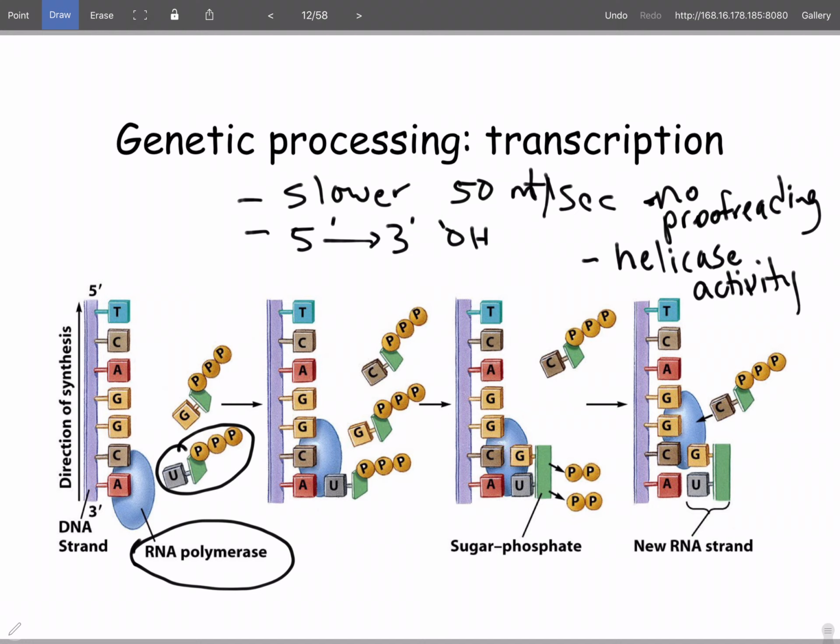So DNA polymerase requires a separate helicase to come in and unwind the DNA when the DNA is going to be replicated. But RNA polymerase can actually do that job itself. So it functions to unwind the DNA when it needs to. All right? So those are some of the ways in which DNA polymerases and RNA polymerases are similar and different.